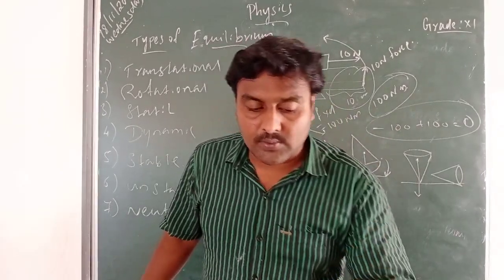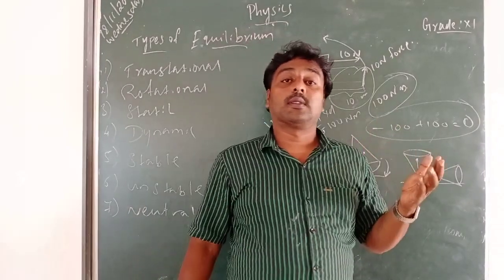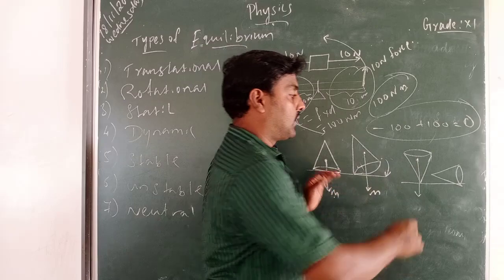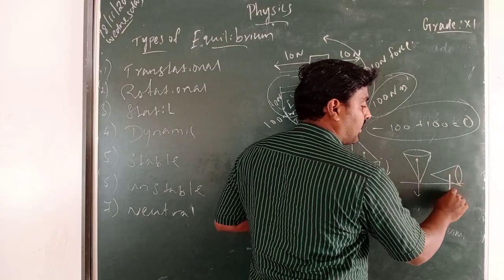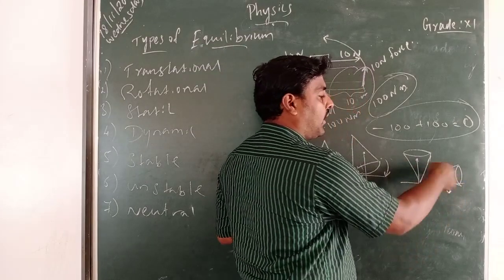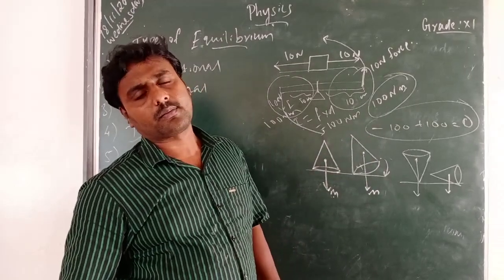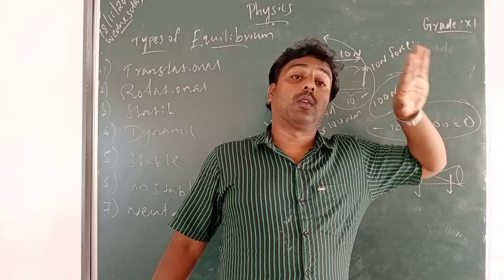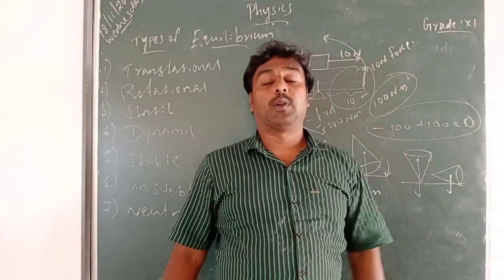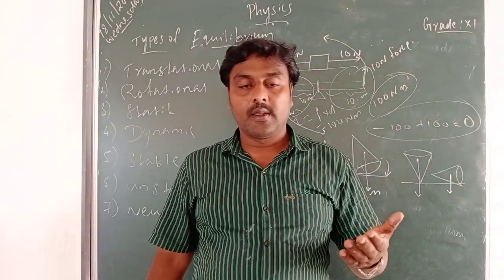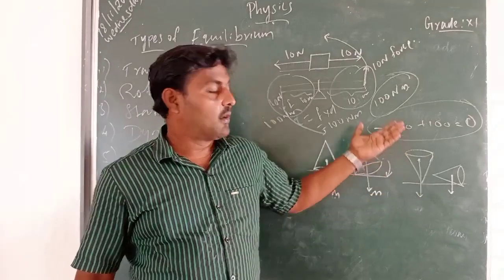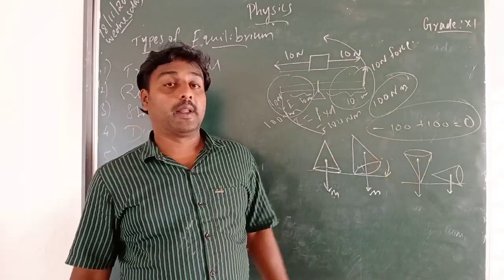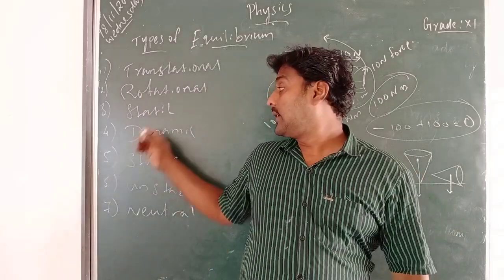And the center of mass shifts slightly lower. If you tilt it this much, it will get lower. Center of mass getting lower means the potential energy is also decreasing. This is unstable equilibrium.